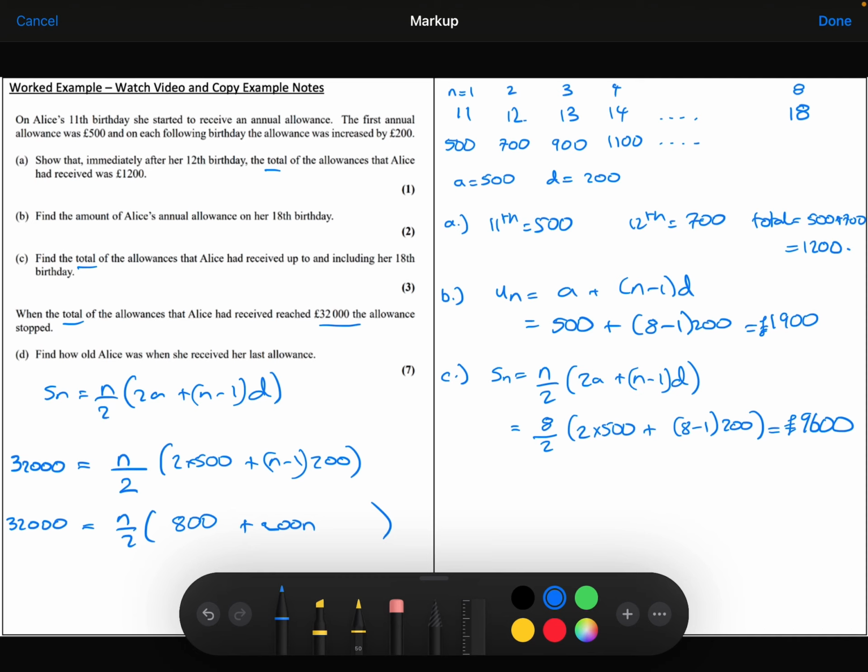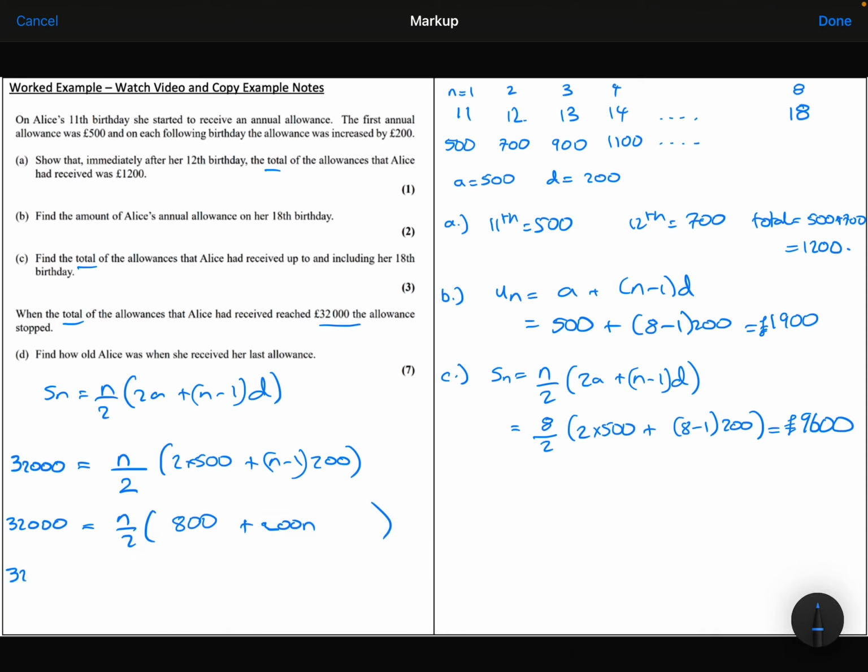And I can now multiply through by n over 2, or half n. So 800 times n over 2 is 400n. N over 2 times 200n would be 100n squared.